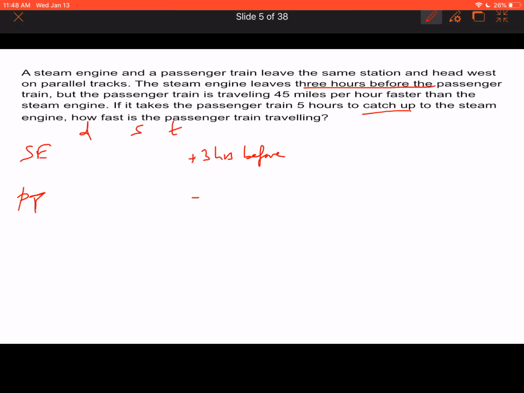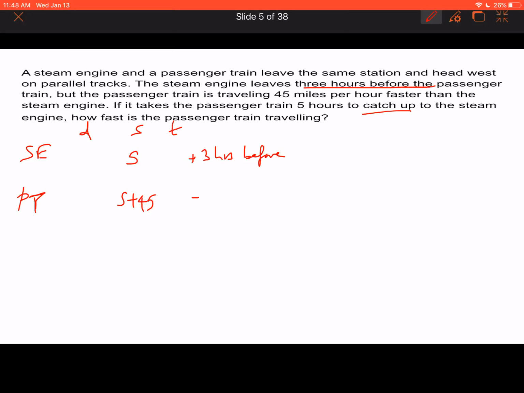Suppose we take the steam engine time as t, then we have to subtract 3 hours for the passenger train. And then what are the other details given? The passenger train is traveling 45 miles per hour faster than the steam engine. If the steam engine speed is s, then the passenger train speed is 45 miles more.